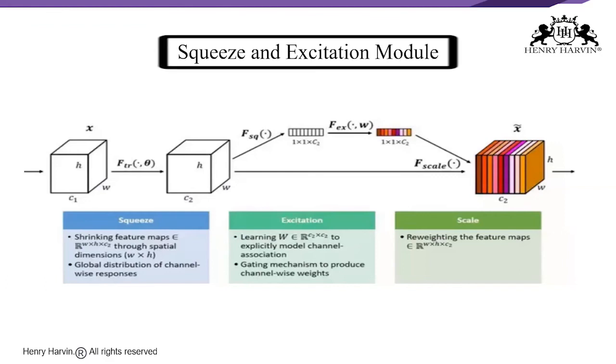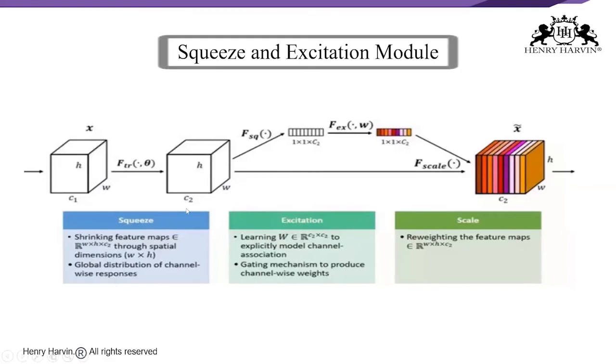The winning entry comprised a small ensemble of SENets that employed a standard multi-scale and multi-crop fusion strategy. One of the high-performing networks was constructed by integrating SE blocks with a modified ResNet, right? That is why we are studying this with ResNet.